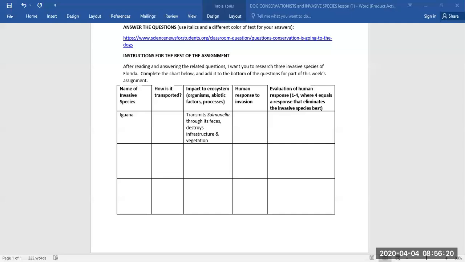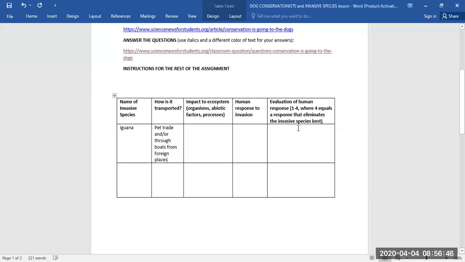It says you do not need a permit to kill them on your own property at any time of the year. How do you feel about that? I don't know if I feel so great, but all right, so that's what I would put in that box. And then if I could find something more, that would be great. But you're getting the idea.